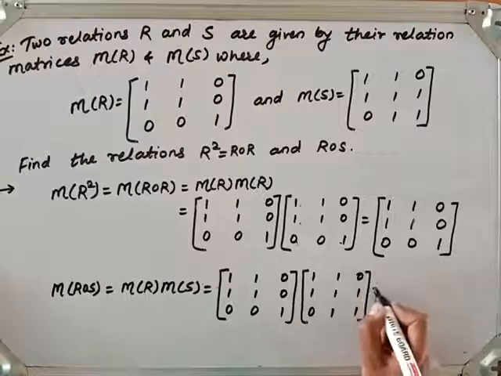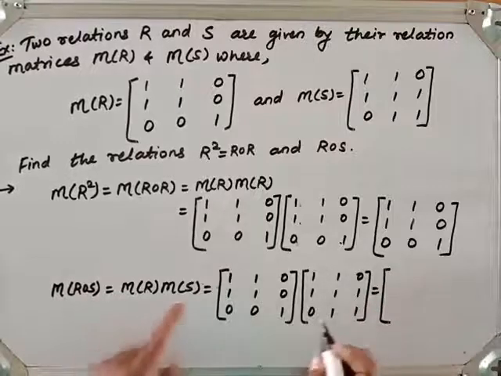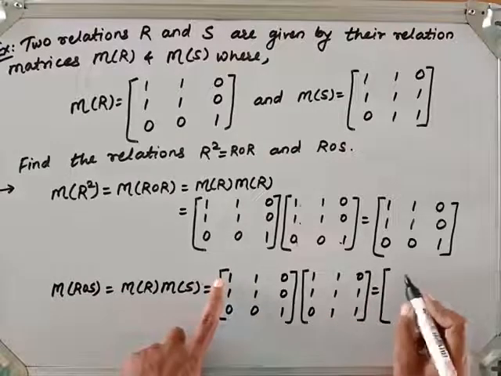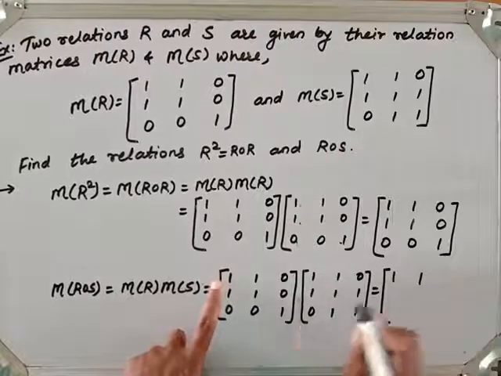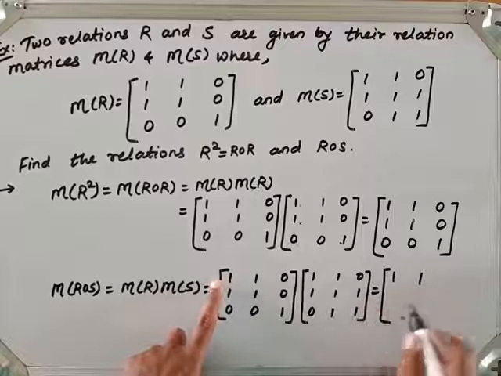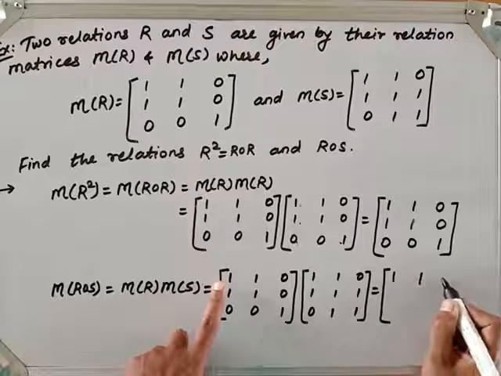So the product will be: first row first column is 1, first row second column is again 1, first row third column is 1.